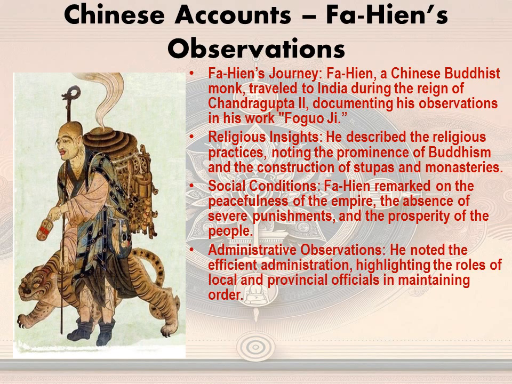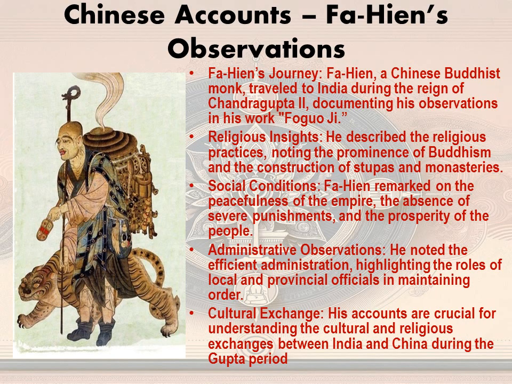He noted the efficient administration, highlighting the roles of local and provincial officials in maintaining order. So, all the local officers, all the administrative officers, who they were and what their responsibilities were, everything has been noted by Fa-Hien.